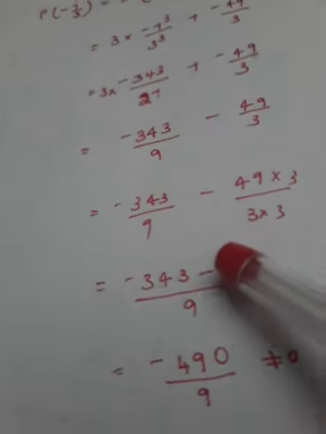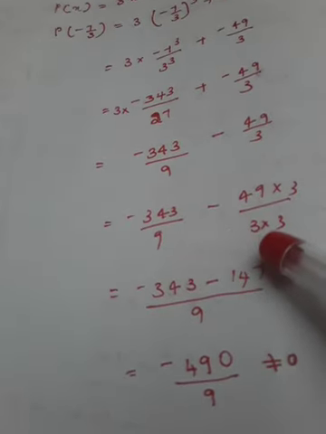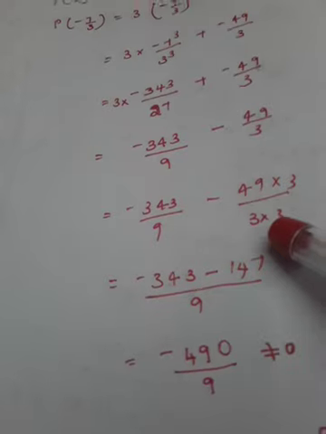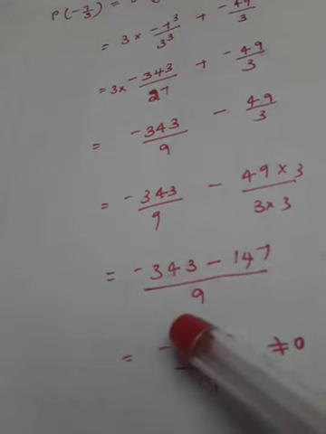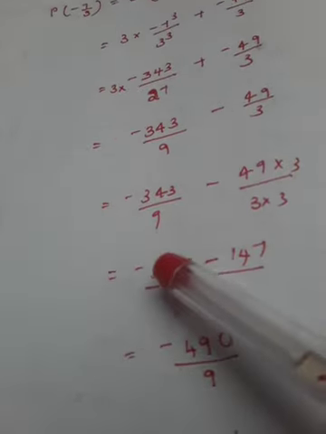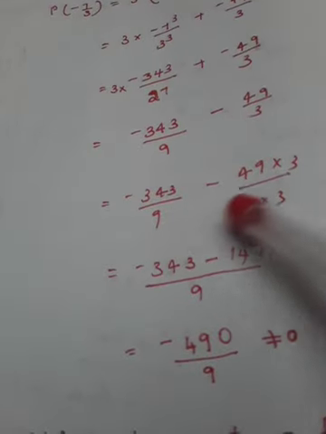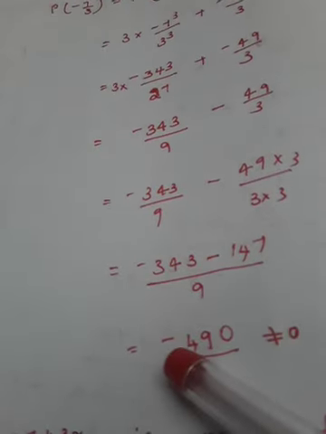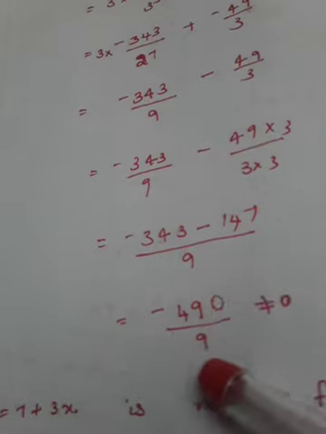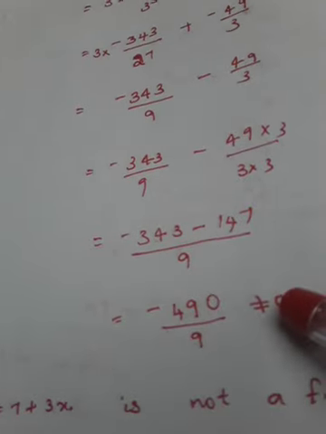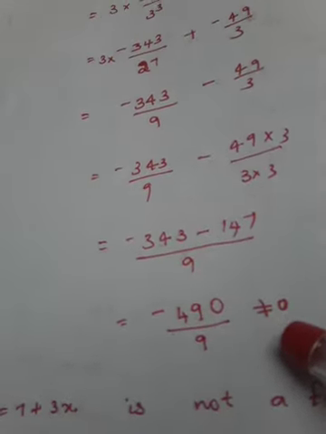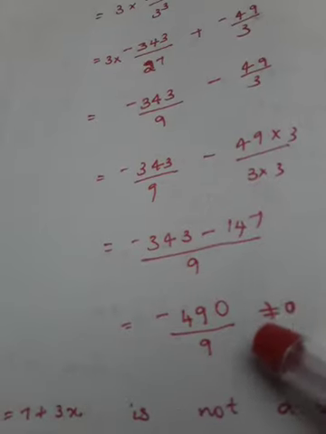Why will we do this step? Make the denominator the same. Okay, so here we got the denominator same as 9. So we do the calculation only on the numerators. Then what will we get? Negative 490 by 9. But it is not equal to 0. That is, we need to check whether the remainder is 0 or not.